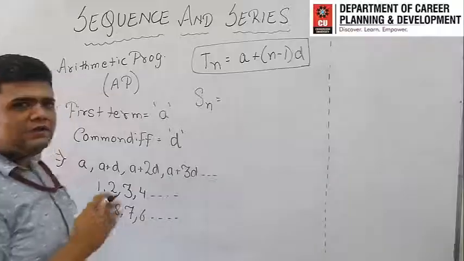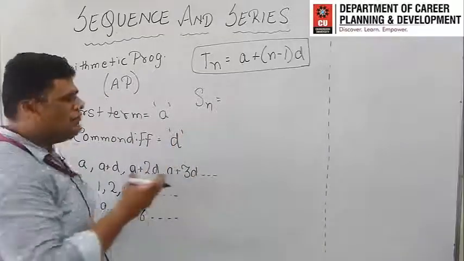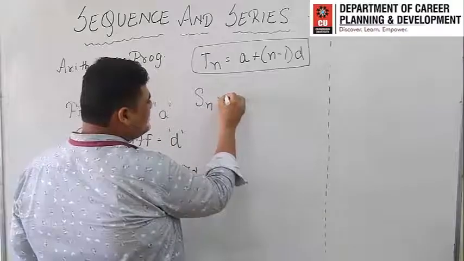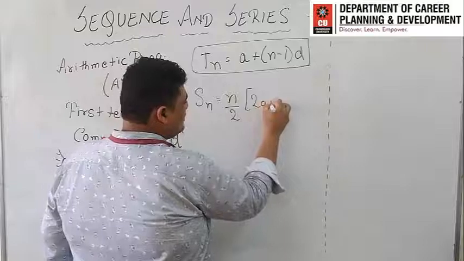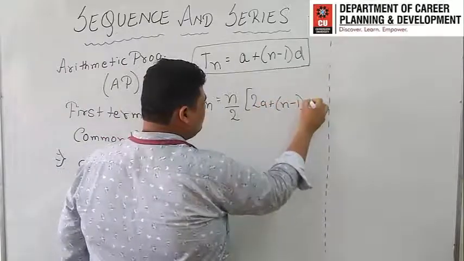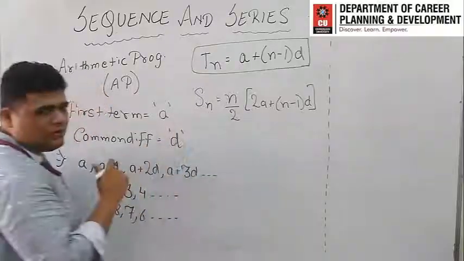We can also find the sum of all these numbers. Like if I have to find the sum of 10 terms, sum of 20 terms, we can easily find it as n by 2 multiplied by (2a plus (n minus 1) d). This is one formula to find the sum of n terms.